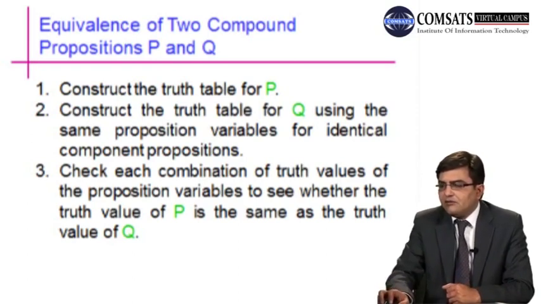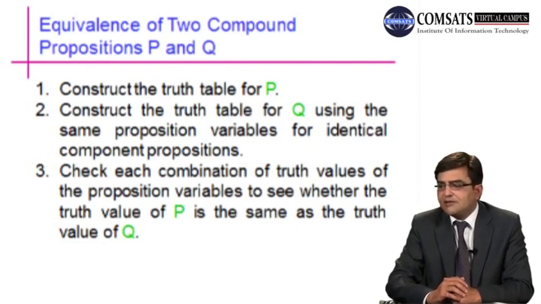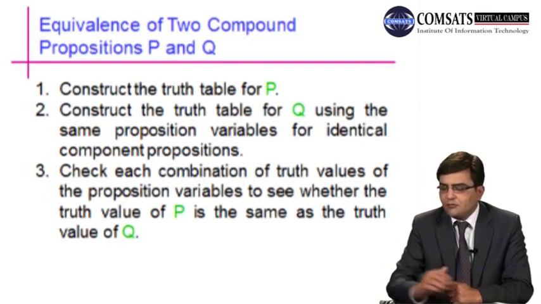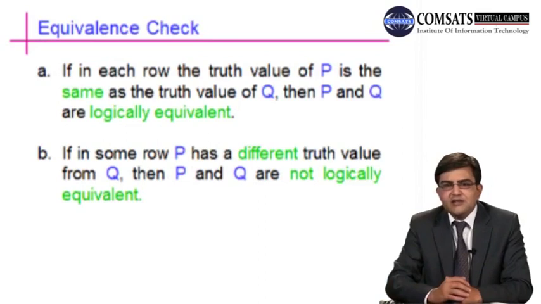The steps for proving equivalence of propositions are: first, construct the truth table for P. Second, construct the truth table for Q using the same proposition variables, and then check each combination of truth values of the proposition variables to see whether the truth value of P is the same as the truth value of Q. If in each row the truth value of P is the same as the truth value of Q, then we say that P and Q are logically equivalent.